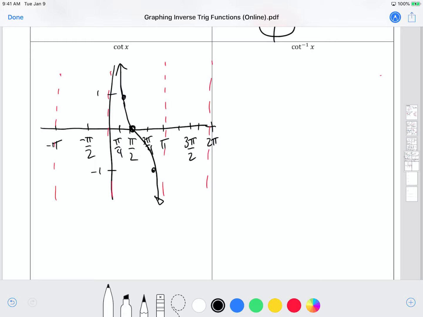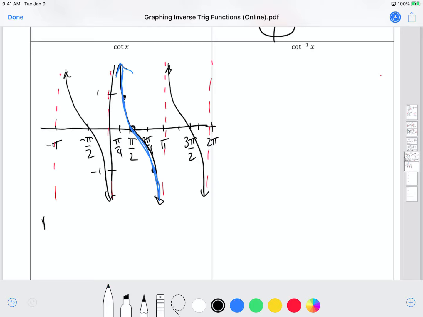On the left side of the asymptote at x equals pi, it's going to go down. And so it's going to continue to repeat like that, of course. And so mathematicians and scientists have agreed to keep this piece and restrict the domain from 0 to pi.